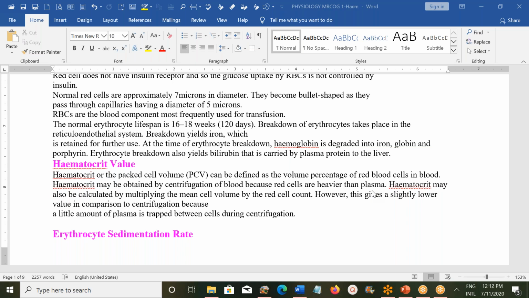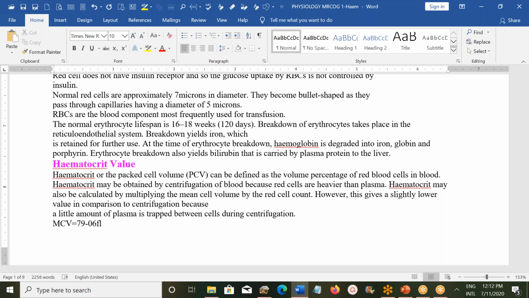So what is the mean cell volume? How do we represent it? We write MCV. So mean cell volume is equal to 79 to 96 FL.